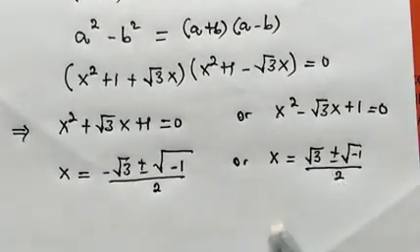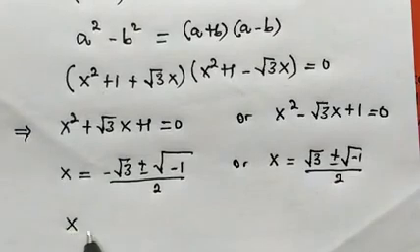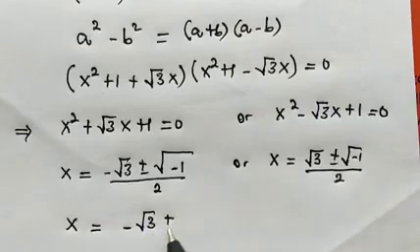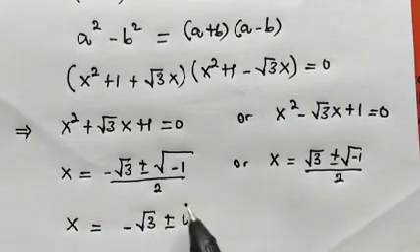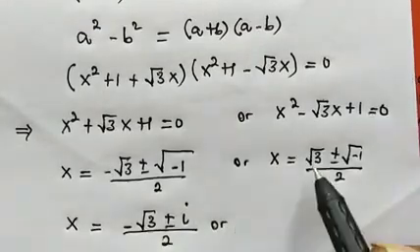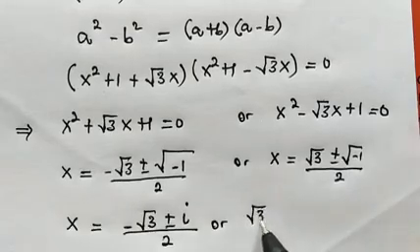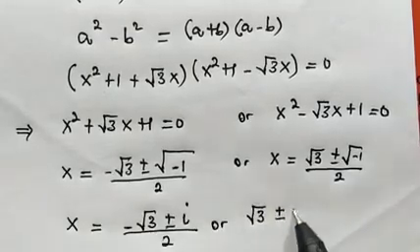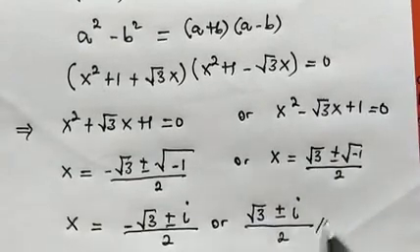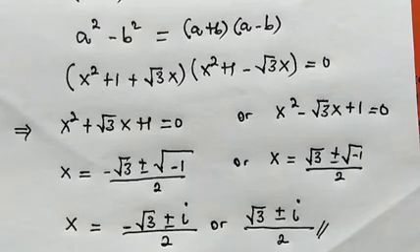We know square root of negative 1 is imaginary, so here we get our solutions. x is equal to negative root 3 plus or minus i all over 2, or from this one here, square root of 3 plus or minus i all over 2. And here we have the 4 complex solutions.